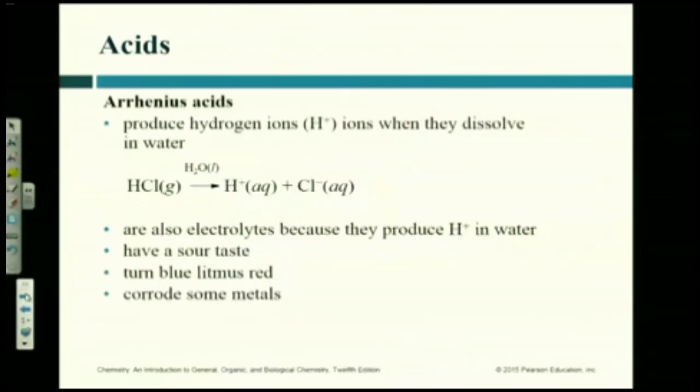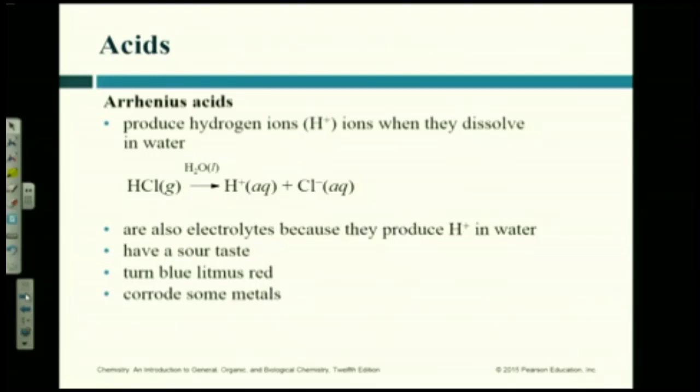Well, you might want to know what an acid is if you're eating acids, right? Here's the first definition for an acid. We're going to have two different definitions for acids and bases. The first one is called an Arrhenius acid. Arrhenius acids are defined as substances that produce H+ ions when dissolved in water.